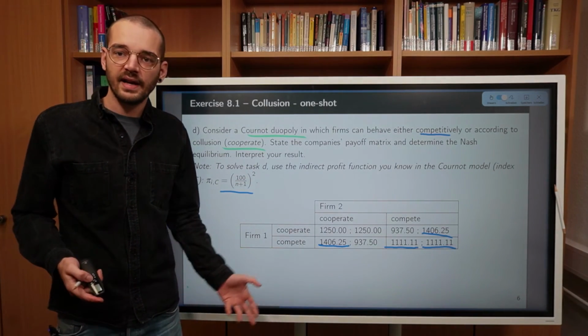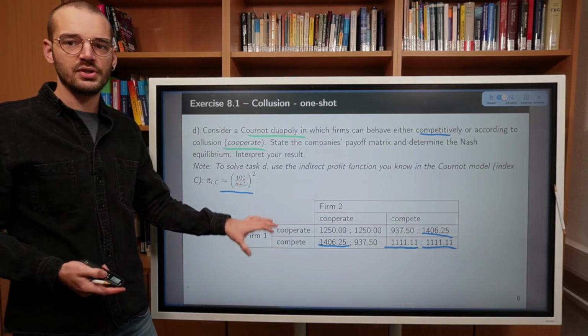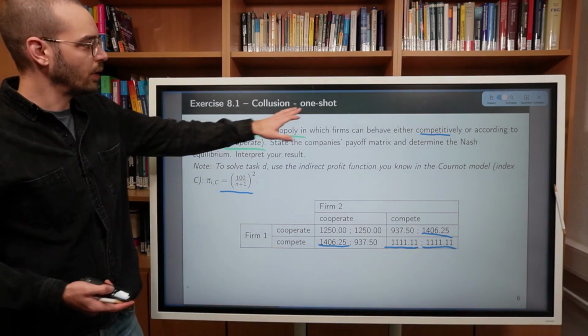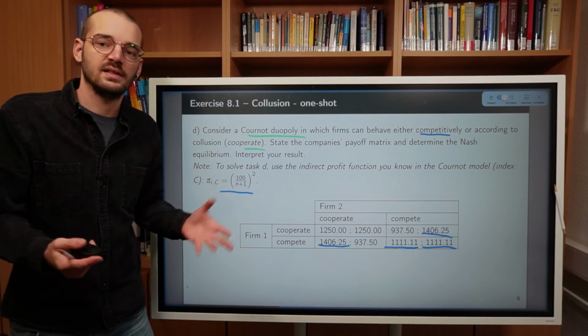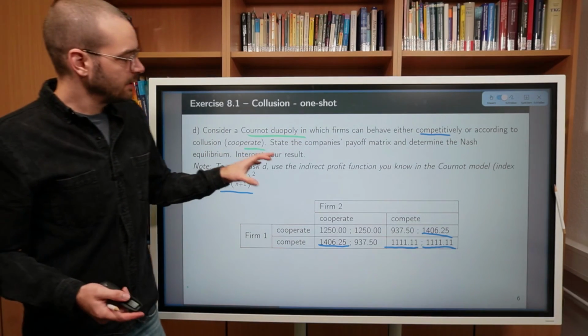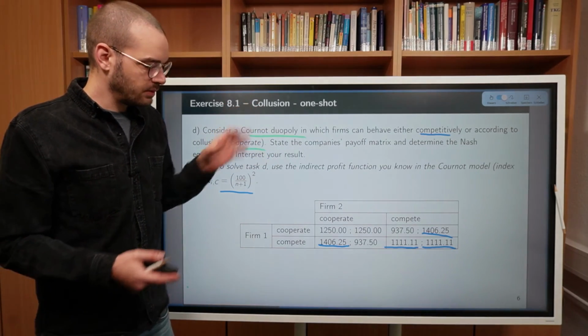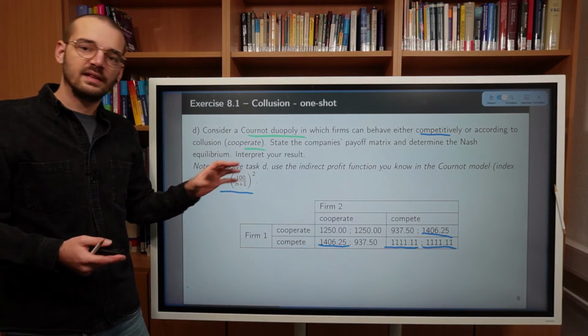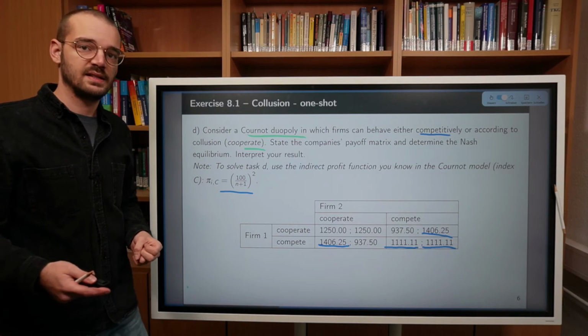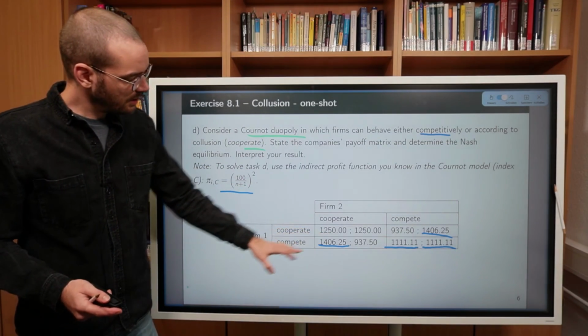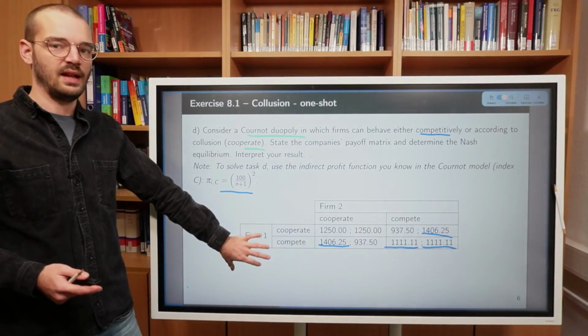Which of course implies that in this static version of this game, where it is a one-shot game, so there's one single period we are looking at, it can never be that a collusion or this kind of cooperation between firms is stabilized, because we see what is essentially a prisoner's dilemma, right?